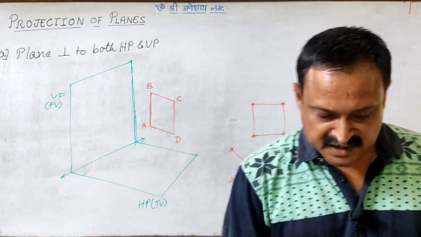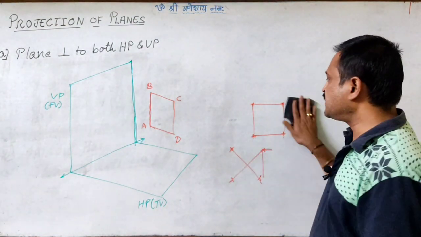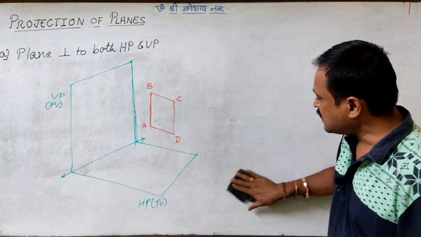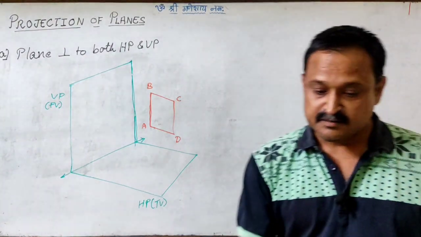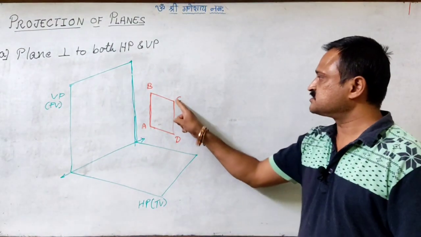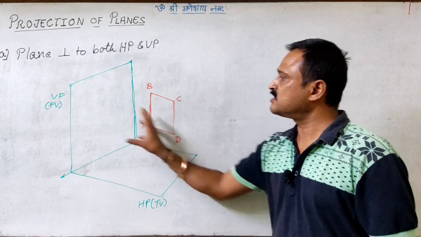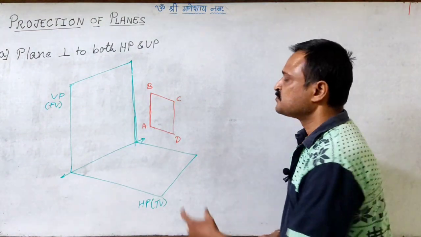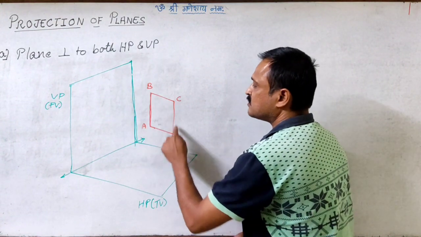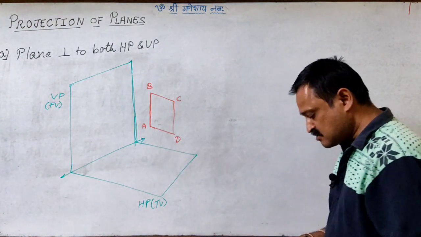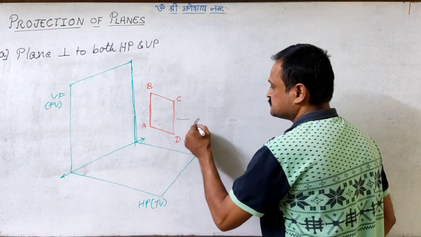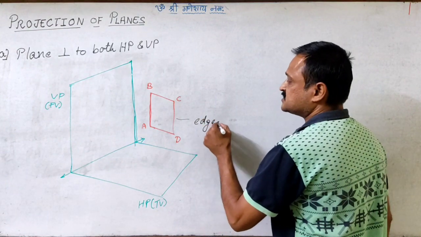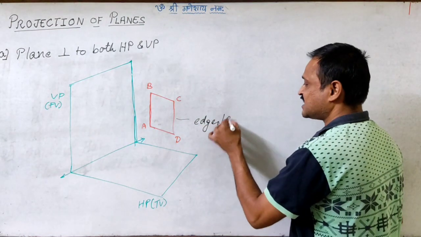So that means one thing is clear. Even when I want to project a plane, I have to simply first project all the corners. Now these are called the corners of the plane. Corners will always be points, and these which we are calling the sides are also called edges. So edges are always lines.